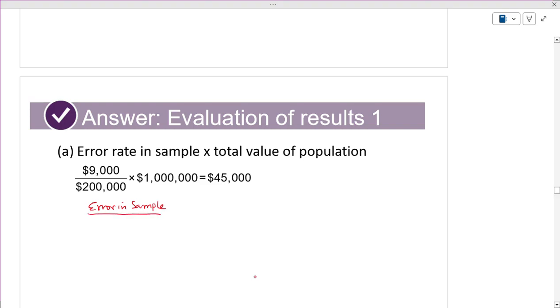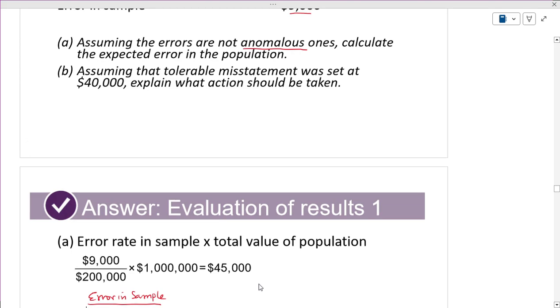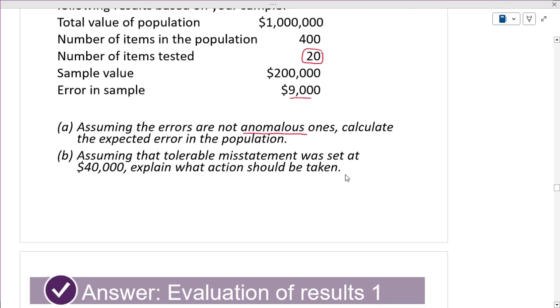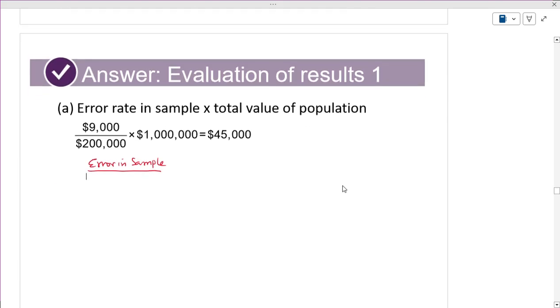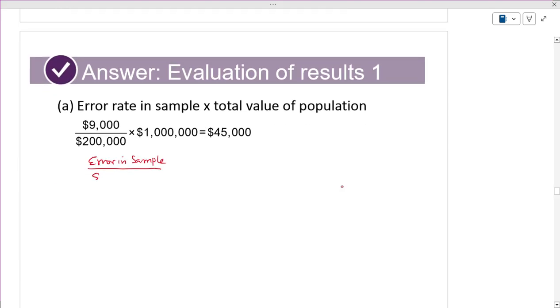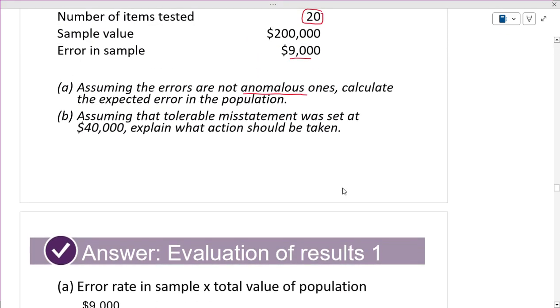I don't think I have ever come across a question like this; this has not been tested till now, but we cannot take any chances. Error in sample divided by sample value, times total value of population. How much is the error in sample? 9,000.